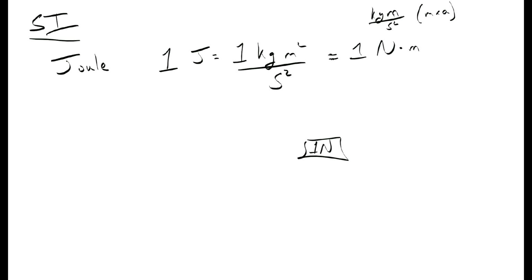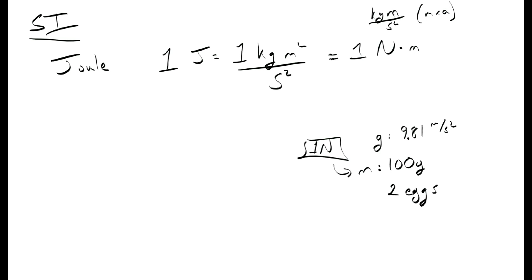Newton is a measure of weight rather than of mass. And so a 1 Newton mass in Earth's gravity, the gravitational acceleration of Earth is 9.81 meters per second squared. So the mass of a 1 Newton object is going to be about 100 grams. So think 2 eggs.